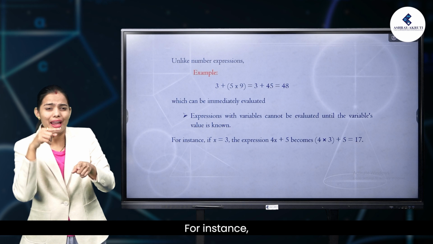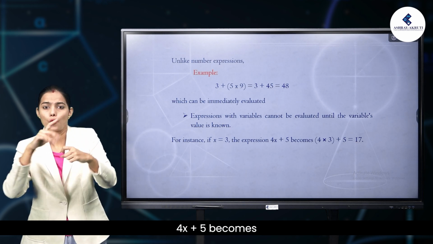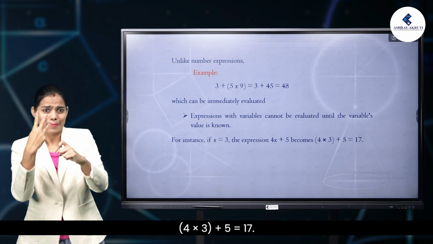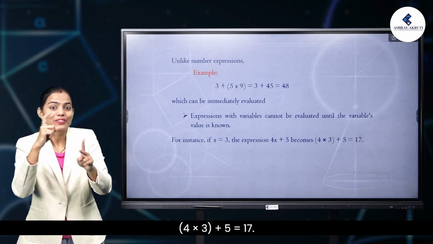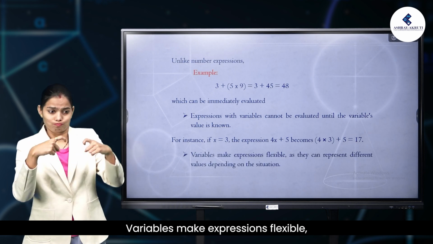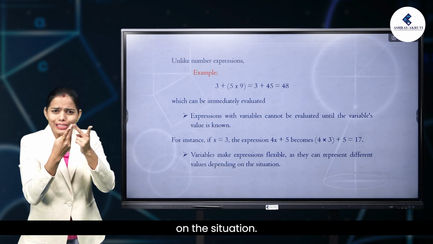For instance, if x is equal to 3, the expression 4x plus 5 becomes 4 into 3 plus 5 is equal to 17. Variables make expressions flexible as they can represent different values depending on the situation.